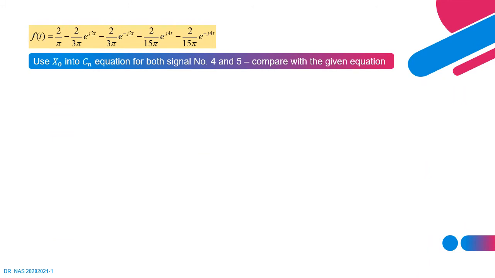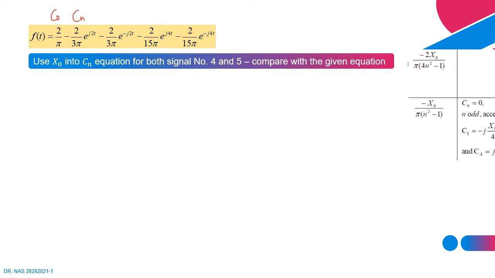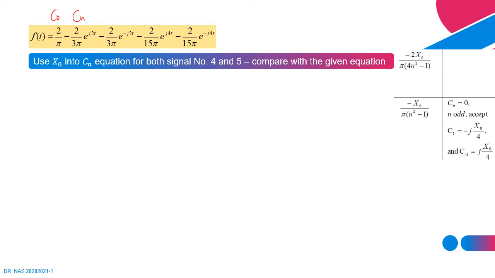In the previous slide, we considered the C0, and the next step is to consider the Cn using the x0 that has been calculated earlier. Again, refer to the table for the Cn equation for both signal number 4 and signal number 5.